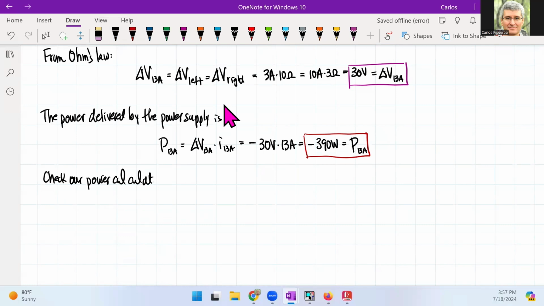What we assumed here is that the power delivered should be the power absorbed. So what was delivered? Well, we clearly see that this has to be 390, but what did we calculate?